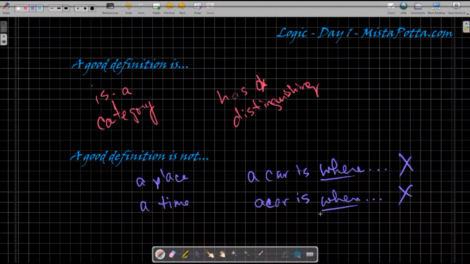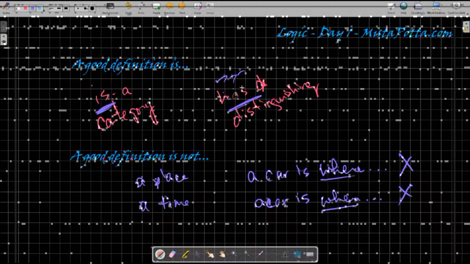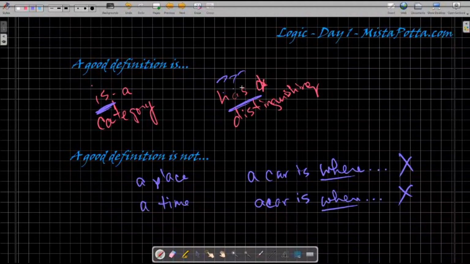Those are 2 things that I don't want to use. I don't want to use these words where or when when I'm giving a definition. It's not going to be a good definition. I want to use the word is, and I want to use these distinguishing characteristics. Now, I don't have to use this word has. I can use other words instead that have that same meaning.